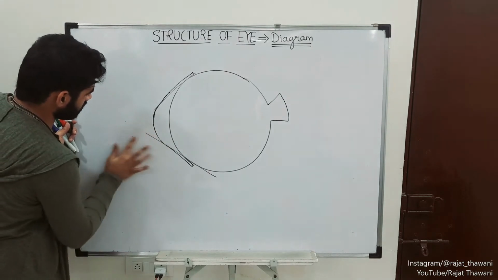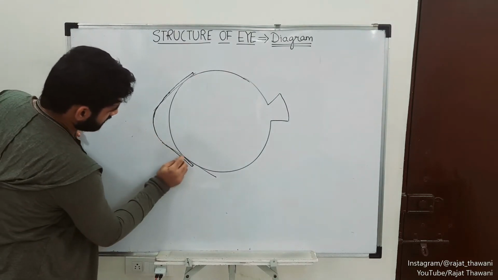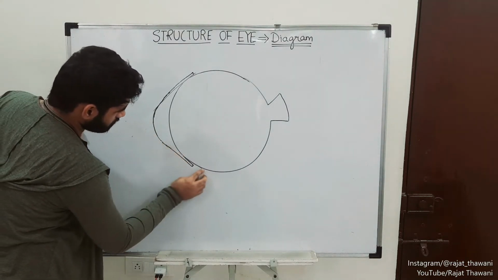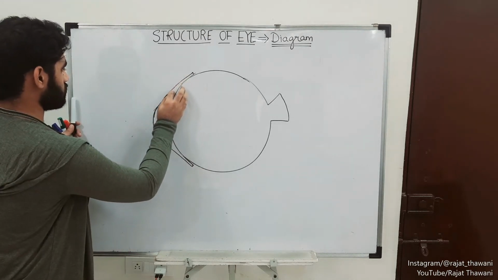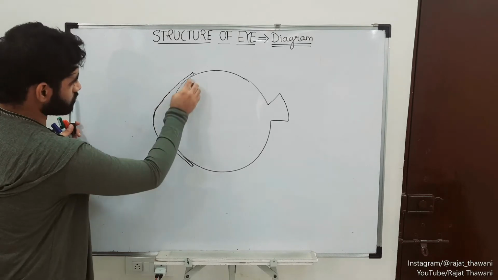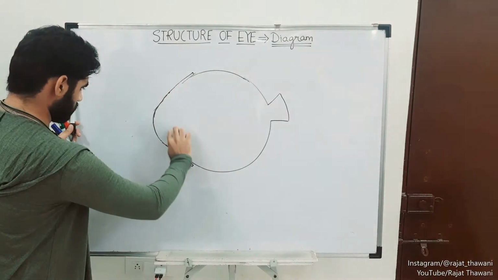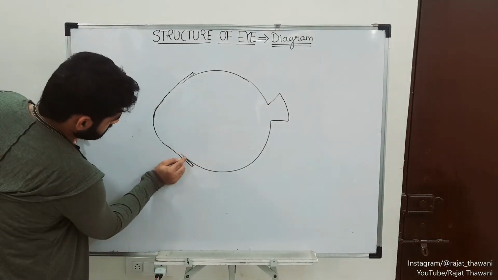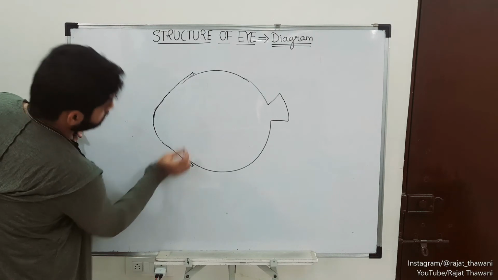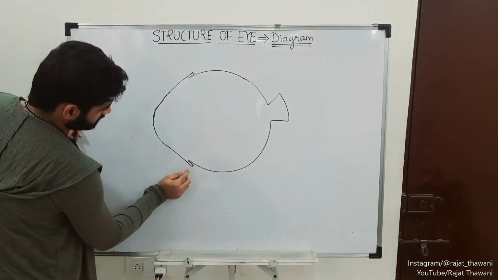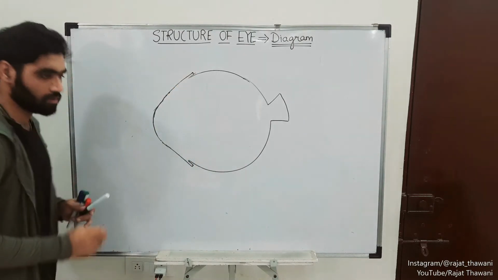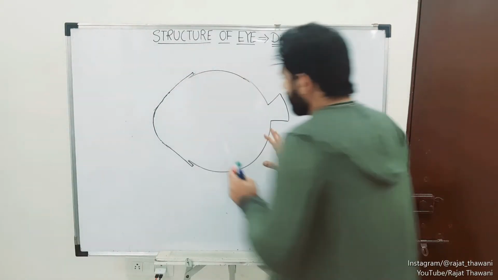You can erase the points of tangent, because that tangent was just for helping you make a proper cut. You can also erase the circle part now and just leave the part which is connected to the upper end. So this is the outline of the eye.